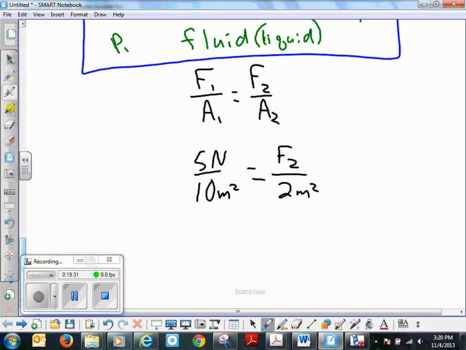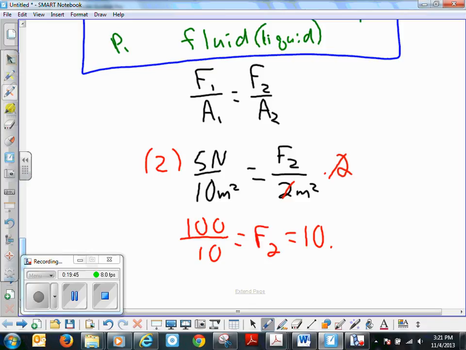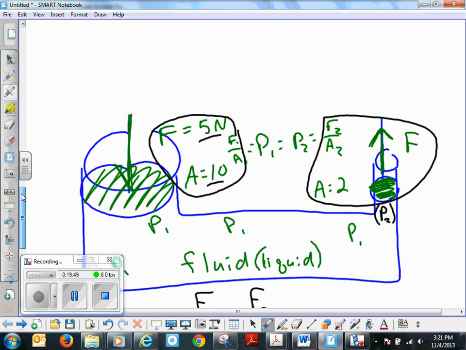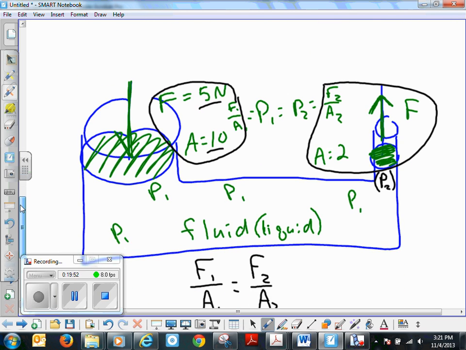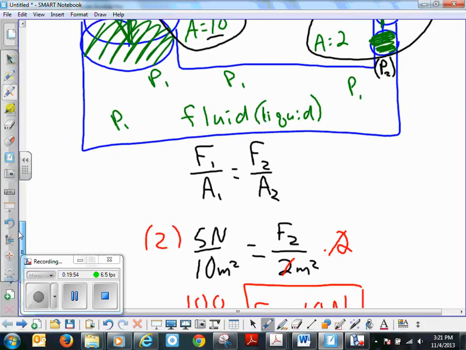To solve for force 2, what do you do? You multiply both sides by 2, cancels out. So 100 then, divided by 10, equals force 2, which equals 10 newtons. Okay? Does that make sense?